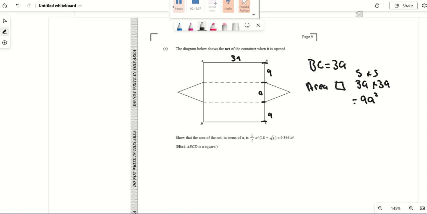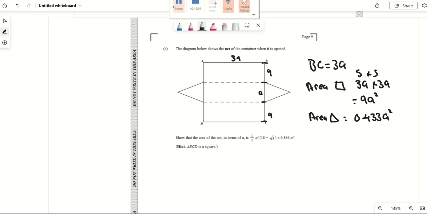So you know that ABCD is 9E squared. Then the area of this triangle was already found from above. You can say area of your triangle was 0.433E squared. We found that out before.